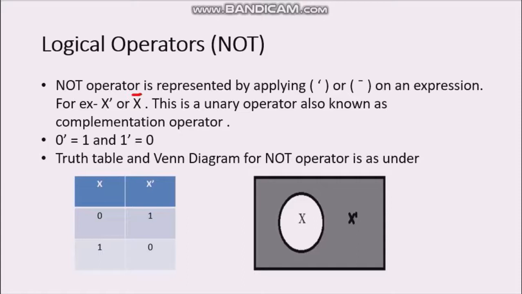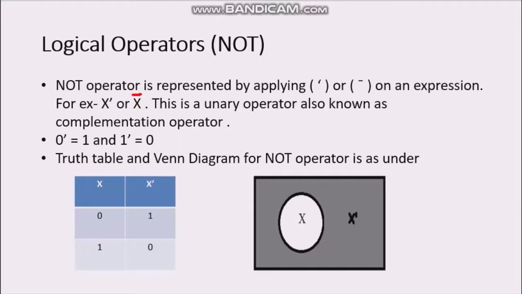Unary operator means it operates on only one operand, and it is also known as the complementation operator. Complementation means if you say complement of 0, it will be 1, because there are only two possible values in binary, and if you say complement of 1, it is 0.